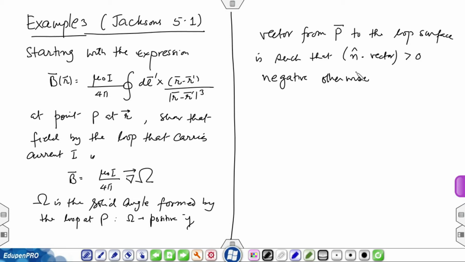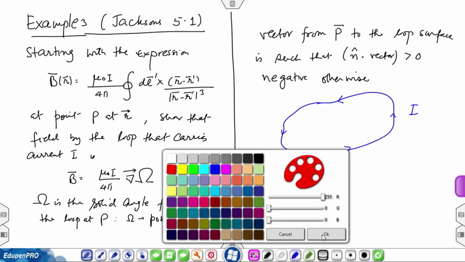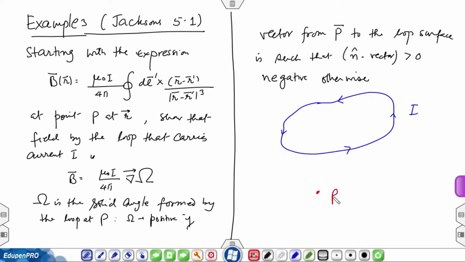So, let me explain this problem, what this person wants. What is asked is that you have a current loop carrying current I, and I have a point P somewhere, which is at R, and various points here are given by R prime, and here is this small element dl prime, so that the field is given by this expression that I have written earlier.